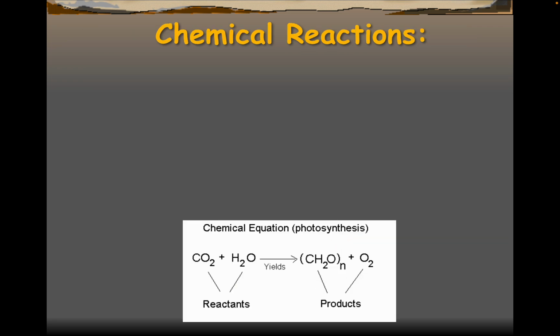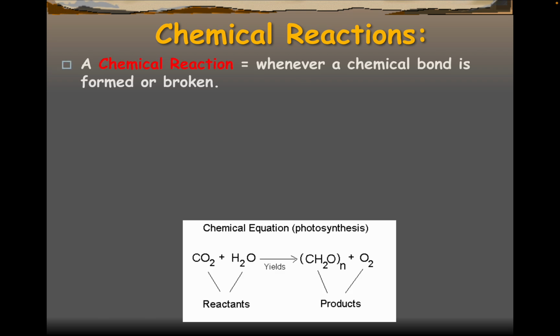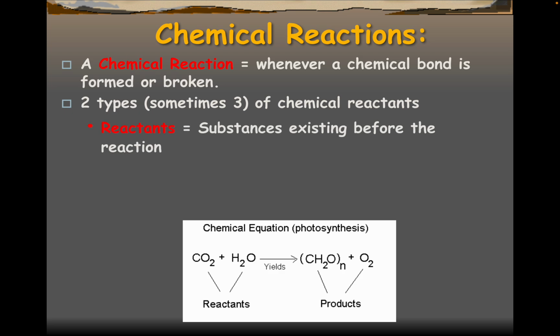Okay. We need to discuss chemical reactions, as this is something that we do talk about. A chemical reaction is whenever a chemical bond is formed or broken. So there's two types, sometimes three, of chemical reactants. We have reactants, substances existing before the reaction, so reactants over here. They're always on the left side of the arrow.